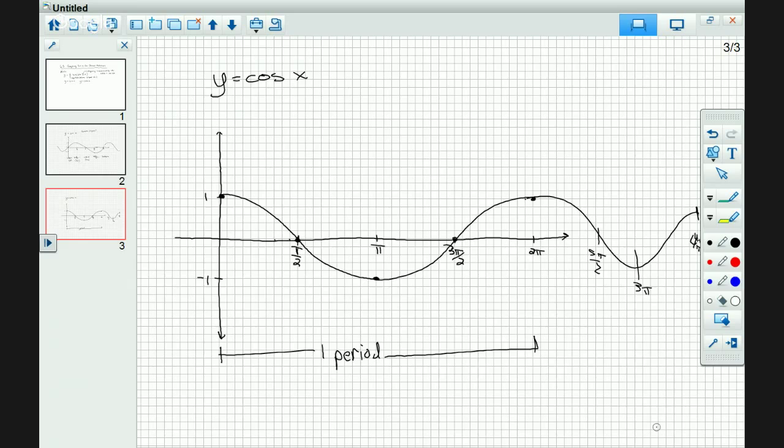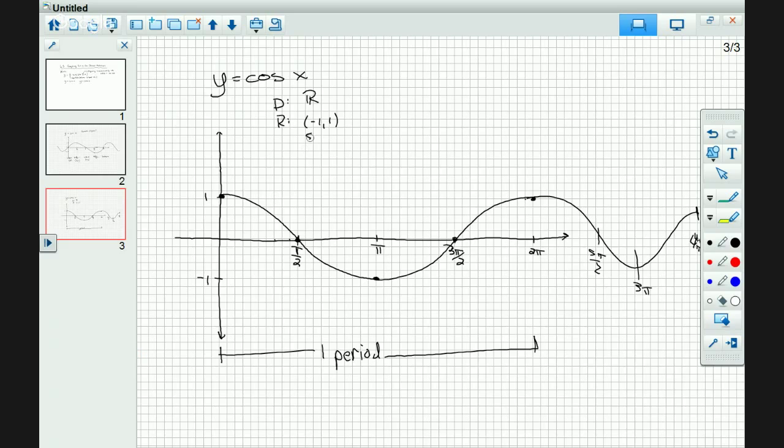Rehash some old concepts here. What's the domain of this function? Yeah, it's all the real numbers. So the x values, right? The range? You can write it as an interval.